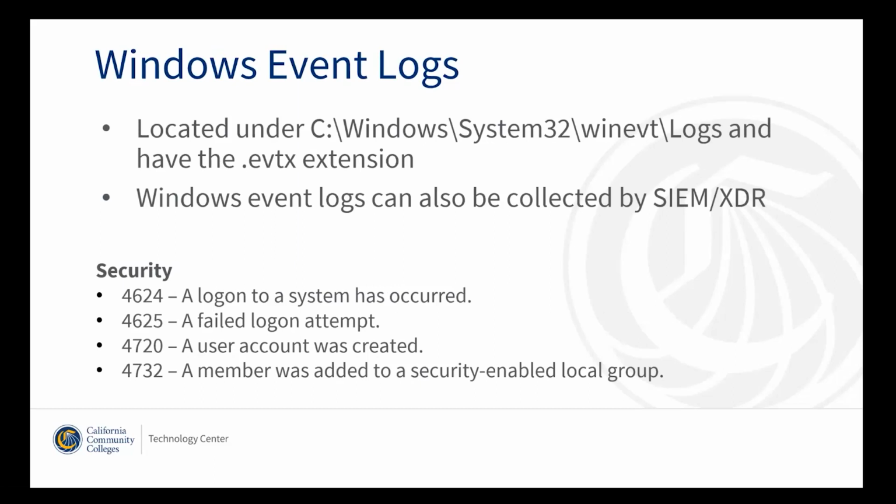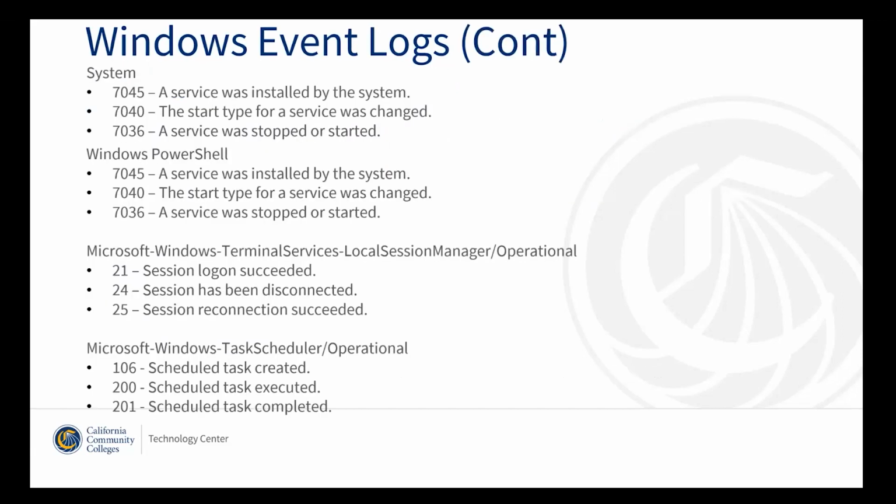Windows event logs. Everybody knows the famous Windows event logs, and these are generally collected by your SIEM. Those are some good event types that are important to understand and to look for when you're doing analysis. And then again, more Windows events. These are all events that are security relevant.